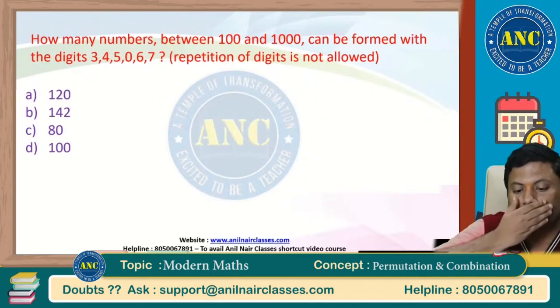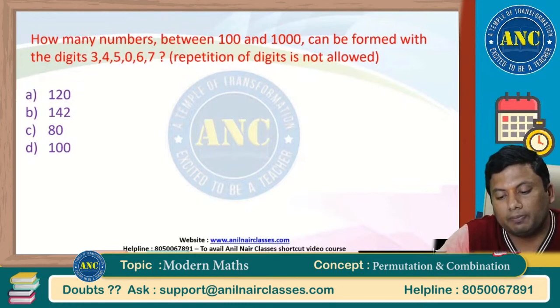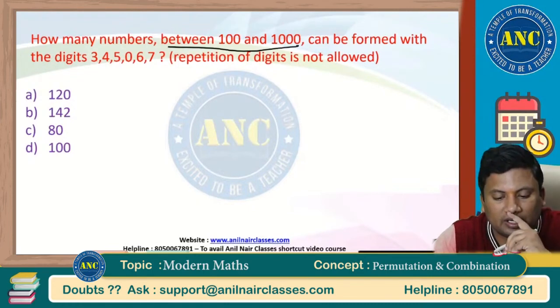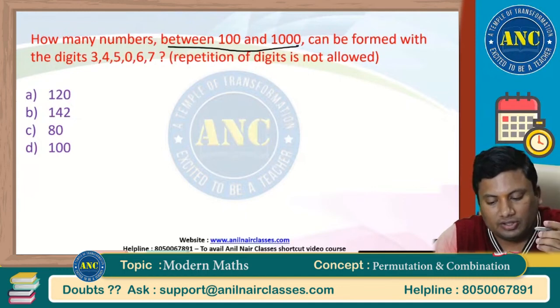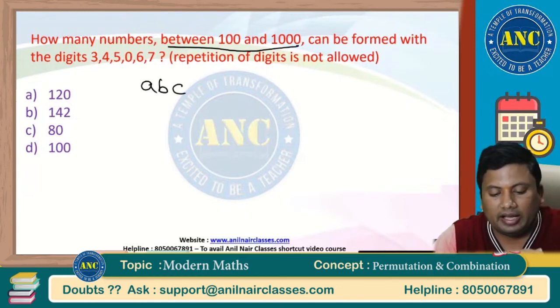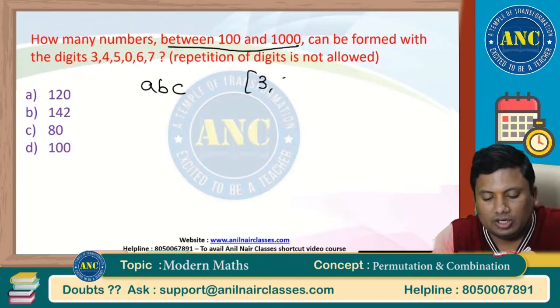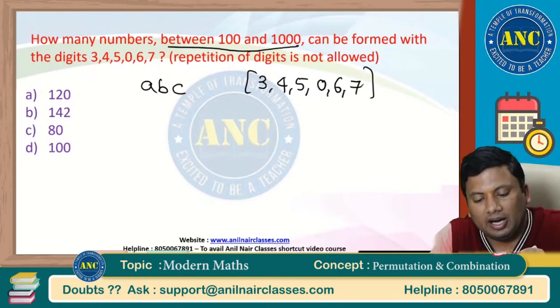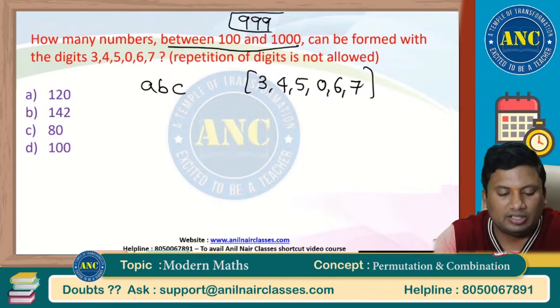Next one. How many numbers between 100 and 1000? Between 100 and 1000 means I require a 3-digit number, using the digits 3, 4, 5, 0, 6, 7. The largest number is 999.